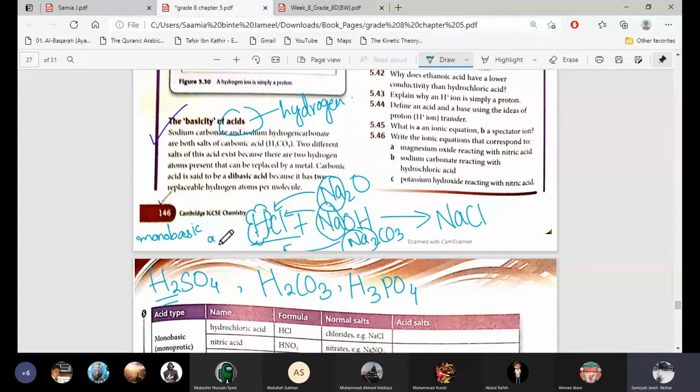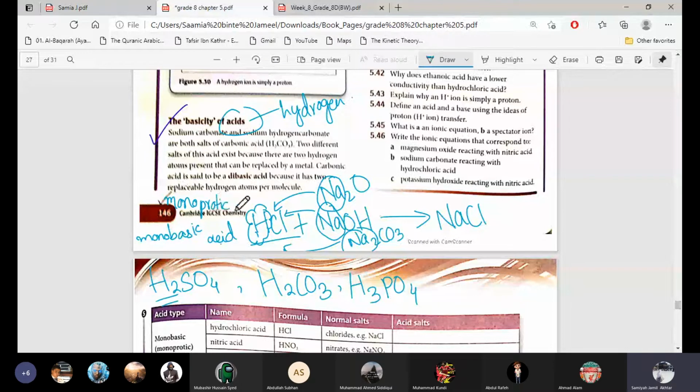What does mono mean? Mono means one, single. So because HCl has only one replaceable hydrogen, it is known as a monobasic acid, or also a monoprotic acid.